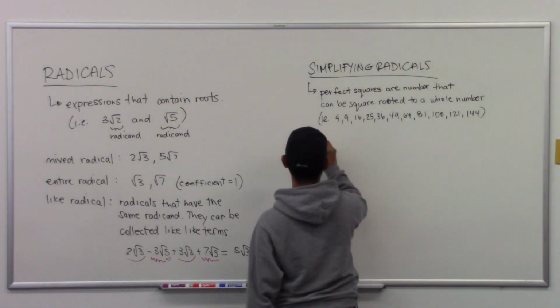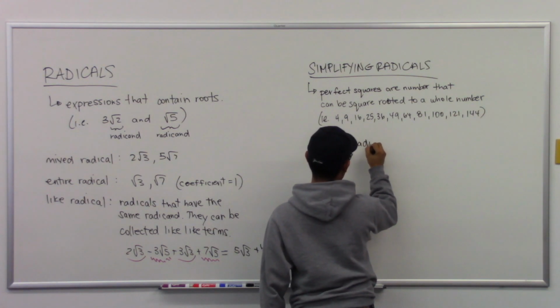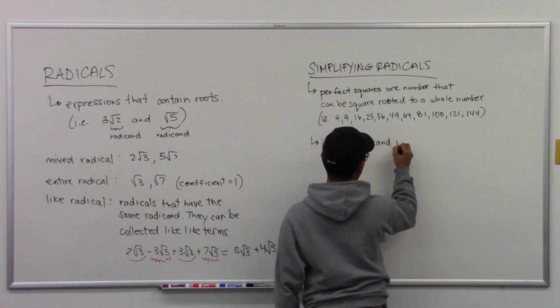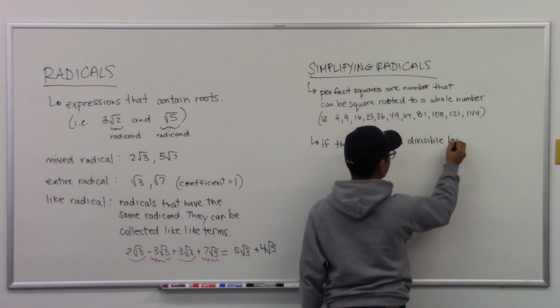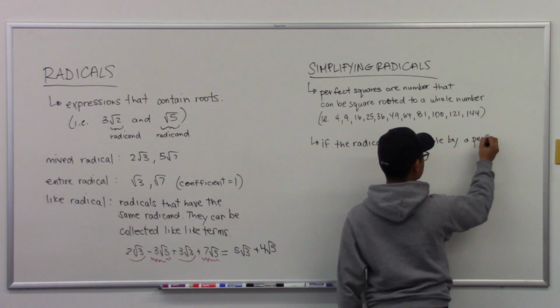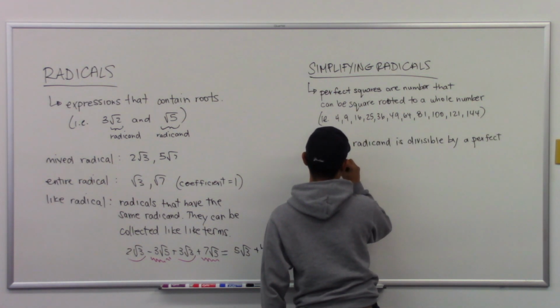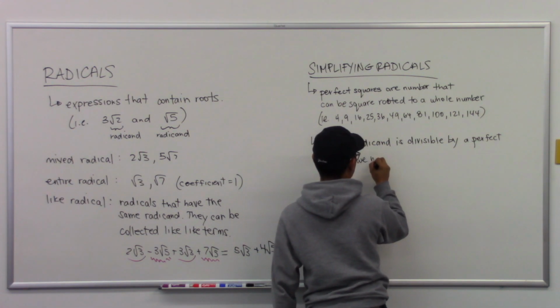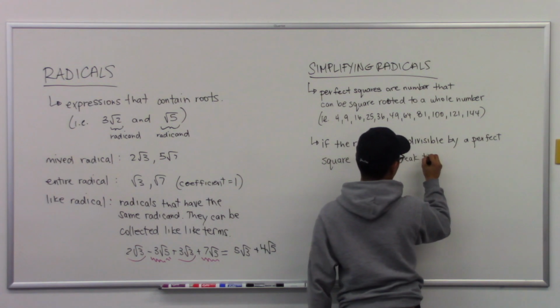If the radicand is divisible by a perfect square, we must break the radicand down.